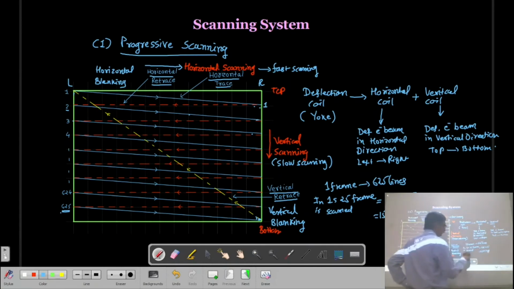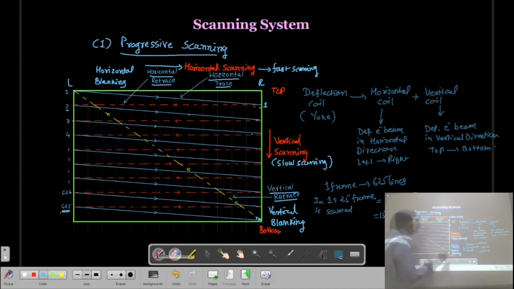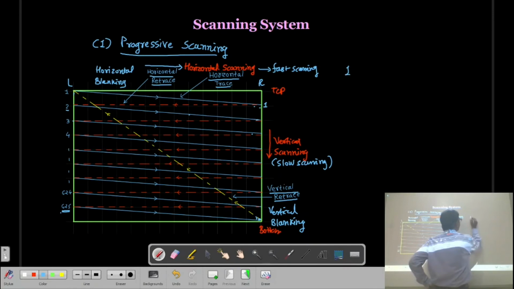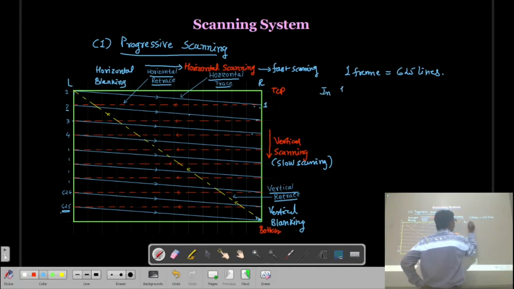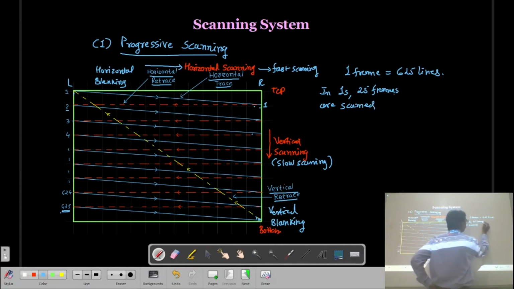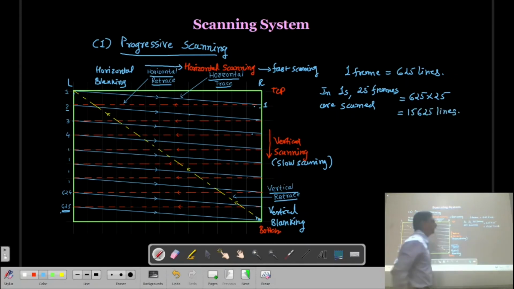Here the same thing I will write somewhere else, otherwise you cannot see. So remember, in one frame there are 625 lines. In 1 second, 25 frames are scanned, means 625 into 25, so total 15,625 lines are scanned in 1 second.